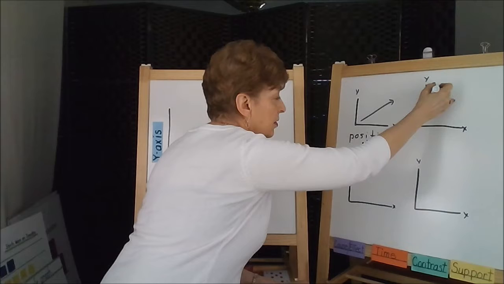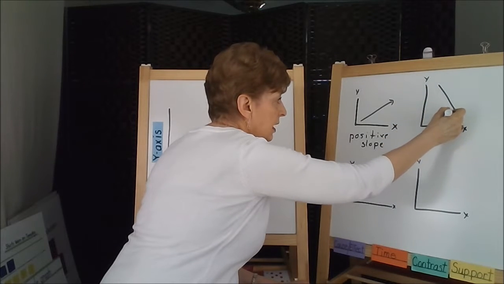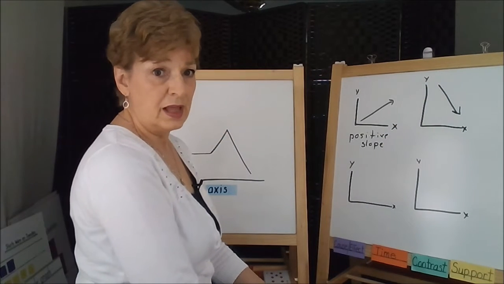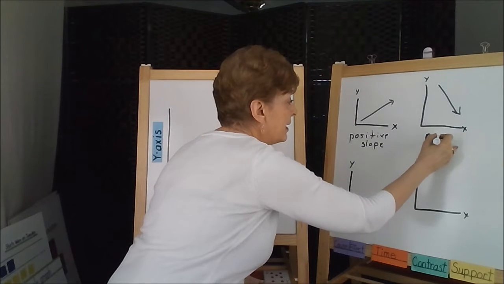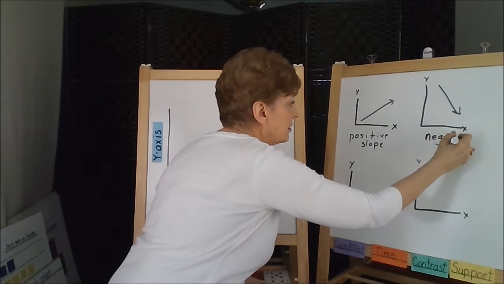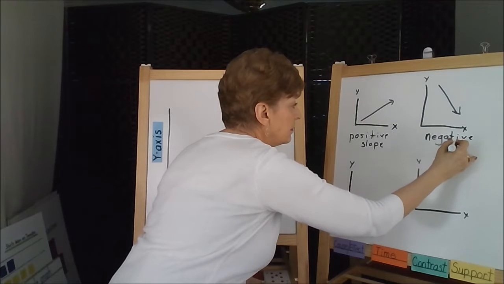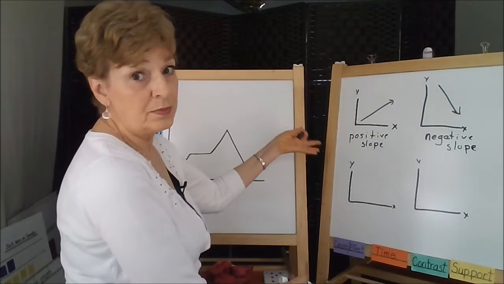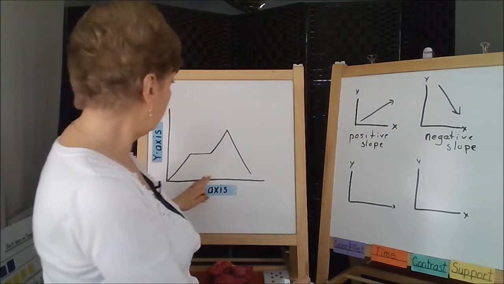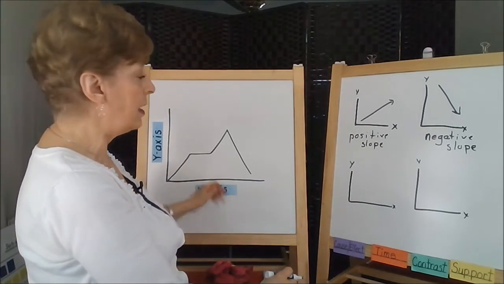If the line is going downward, this is showing a negative slope. These are important points to note when you're looking at a graph to interpret the meaning of it.